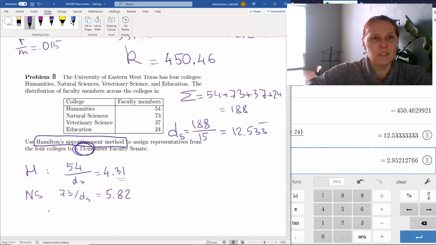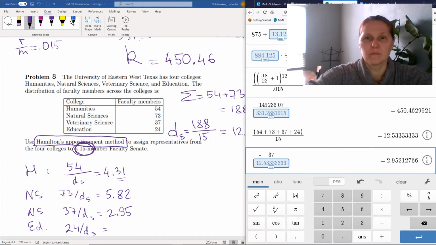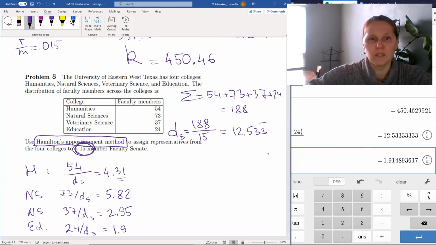Then for veterinary science, 37 divided by the standard divisor is 2.95, and education, 24 divided by the standard divisor is 1.91.